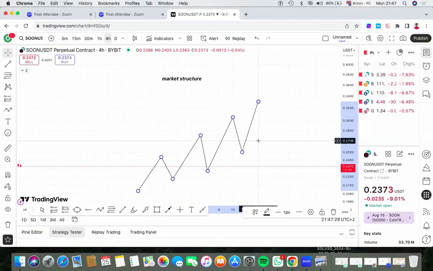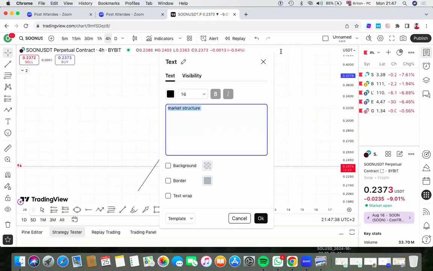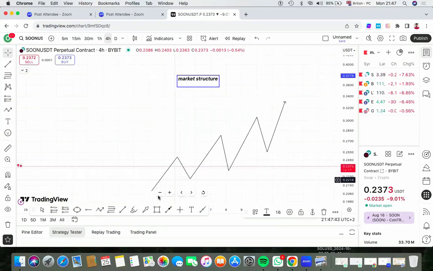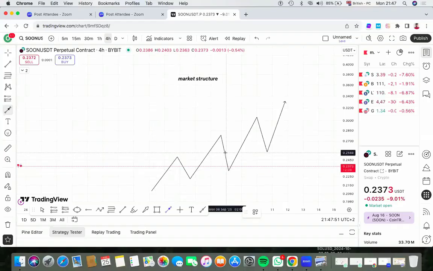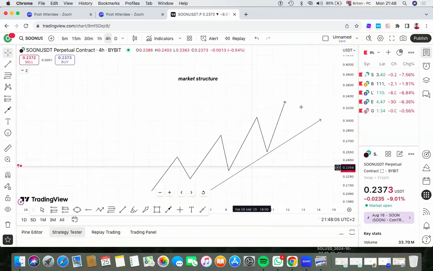So now, when we say we have market structure, which is what I just wrote here, this is what we are referring to. It's our chart, which is in an uptrend. So this is an uptrend scenario. And what do we mean when we say uptrend? Market is going in an upward direction. In fact, if I pick these two right here now, and I plot it all the way, you will see that it's moving in an upward direction, okay?